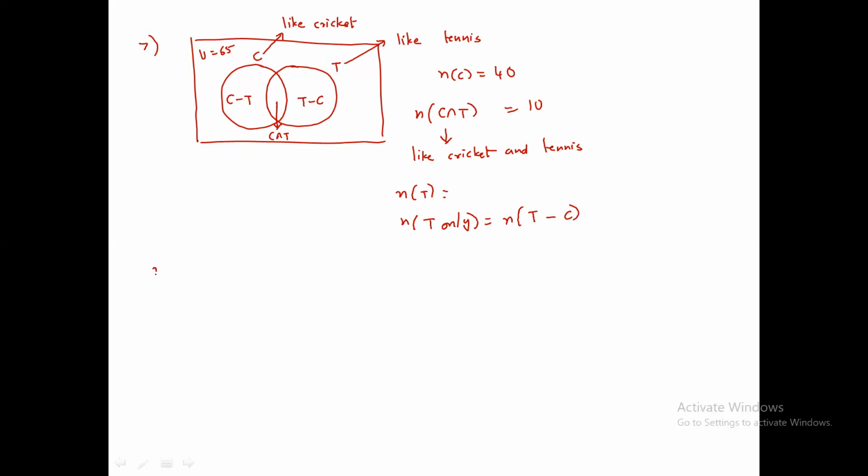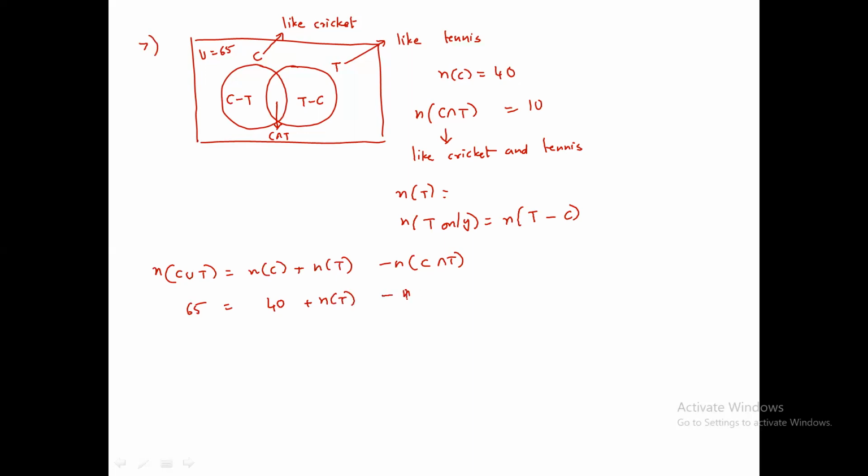So first of all, I will take N of C union T equals N of C plus N of T minus N of C intersection T. N of C union T, total we have 65. N of C is 40. N of T we don't know, we have to find.